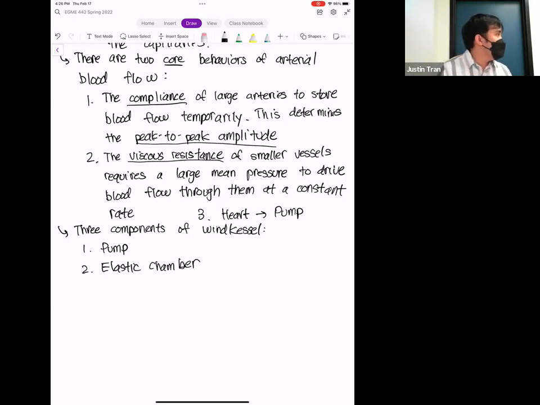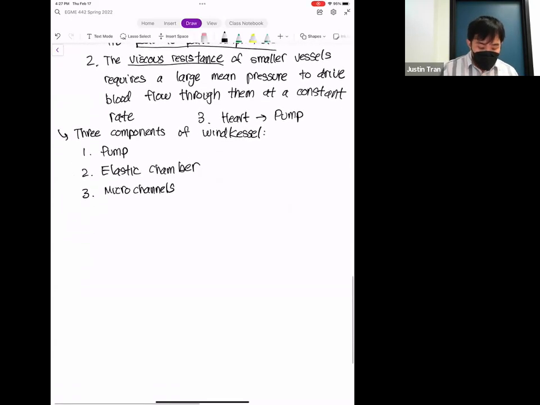Basically, it's just like a big water balloon. You can think of it like that. And three is a bunch of small, tiny microchannels. And these represent the core behaviors that I've listed above. So visually, it looks something like this.